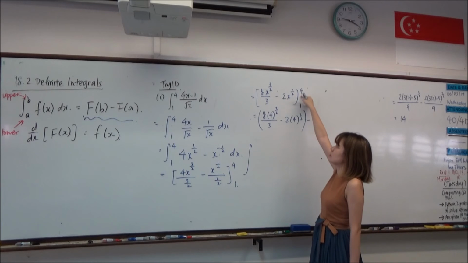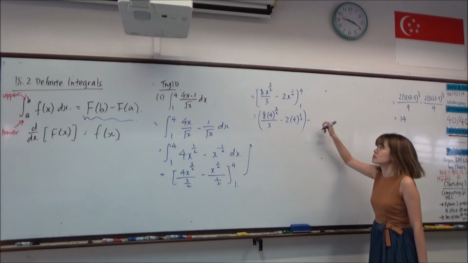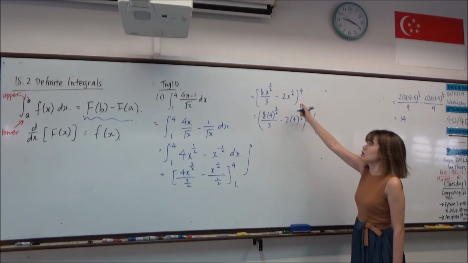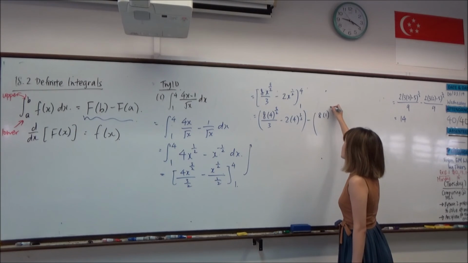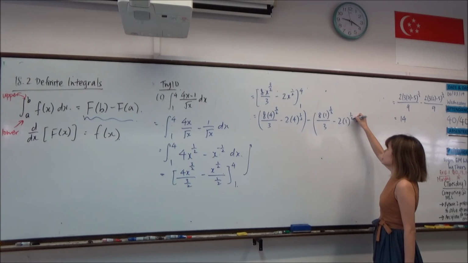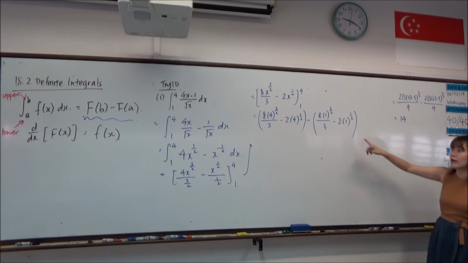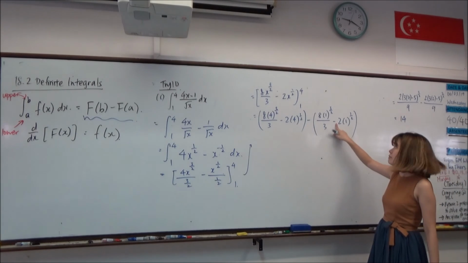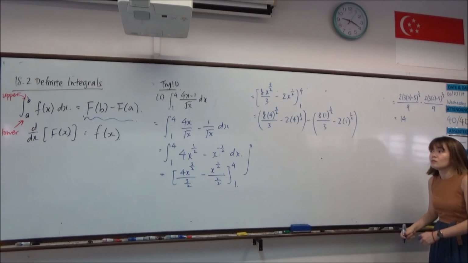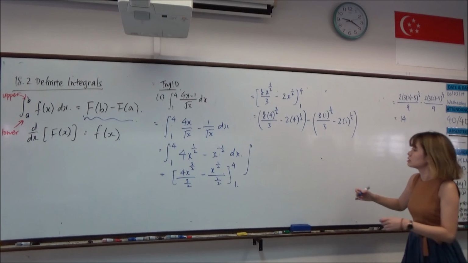You're substituting the value of 4 inside the entire part first. Make sure you have outer brackets to minus away the lower boundary substitution. Because if you don't put in your brackets, you might cause yourself to have some error, especially when it's a minus, then your operations will be affected. Pressing the entire thing in the calculator, you'll get 16 and 2.